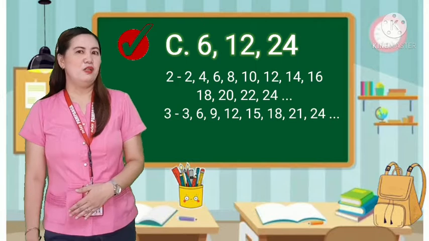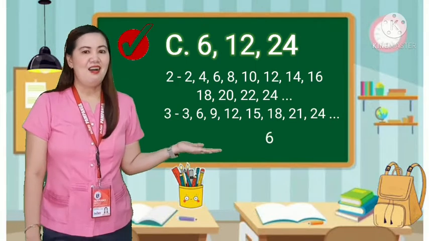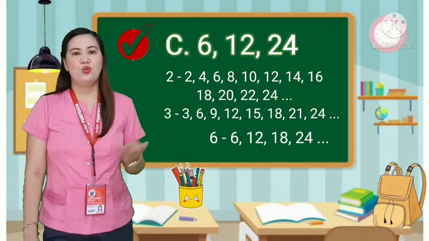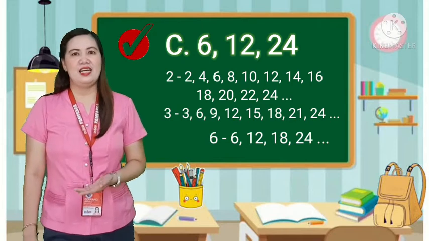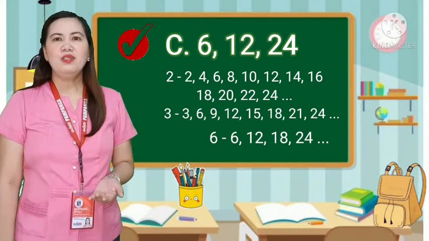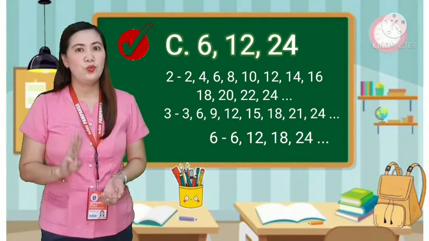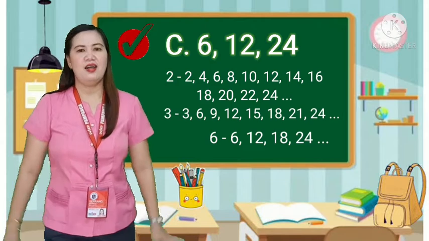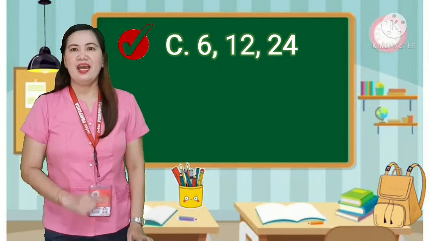And then the multiples of 6 are 6, 12, 18, and 24. The common multiples of 2, 3, and 6 are 6, 12, and 24.